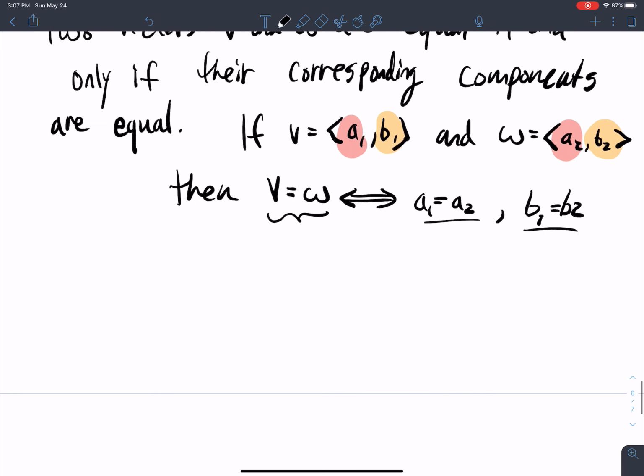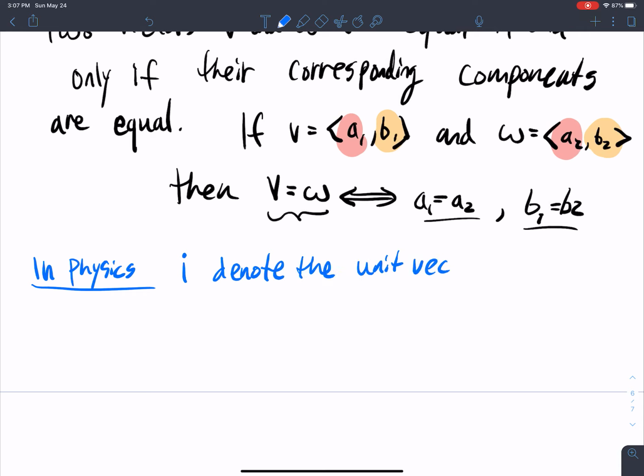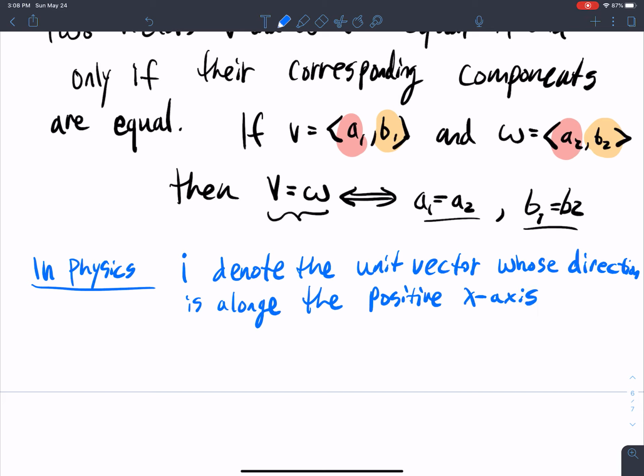Now, there are letters that represent certain things. So in physics, it's typical to let I denote the unit vector whose direction is along the positive x-axis, okay?